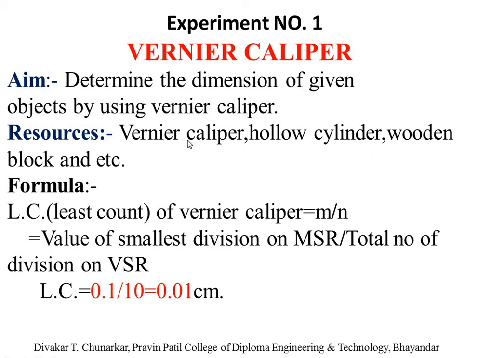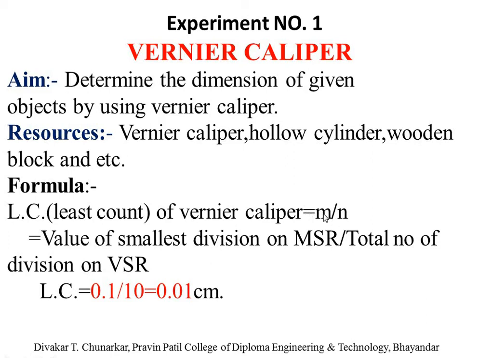So student, when we have to start our experiment, we have to calculate the least count of vernier caliper, because this vernier caliper is an instrument, and when we have to use this instrument, first we have to calculate the least count of that instrument. So, formula for least count of vernier caliper is m upon n.